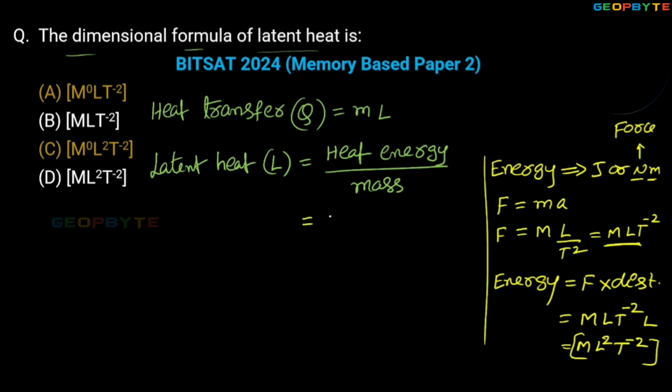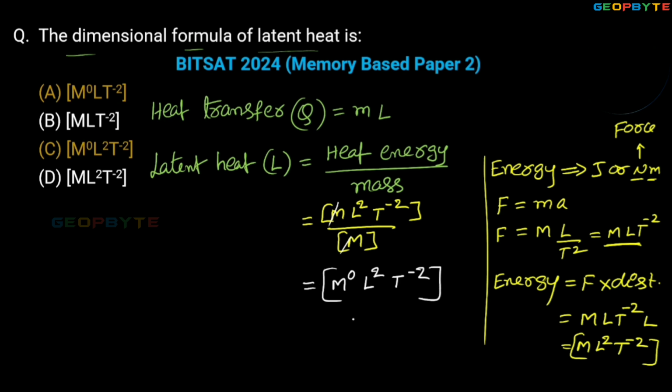So heat energy dimensional formula M L power 2 T power minus 2 divided by M. Now this M is getting cancelled. Finally it is M power 0 L power 2 T power minus 2, the dimensional formula for latent heat. Look at option C, M power 0, L power 2, T power minus 2. Option C is absolutely correct.